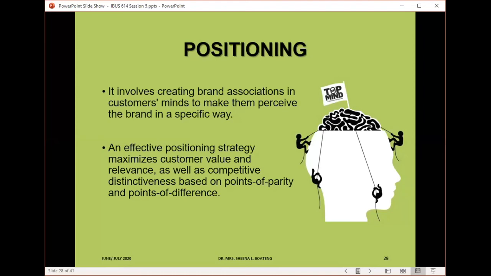Okay. So moving on with the positioning. I was mentioning that positioning involves creating brand associations in customers' minds to make them perceive your brand in a specific way. Now, this is necessary because in any product category or service category, there are several other brands that are also operating within these categories.